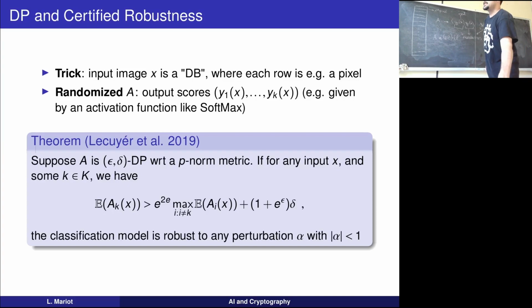If you look at the formula, for any input image X that we might present to our neural network, and for some particular class K among the possible output labels, the left-hand side of that inequality considers the expected value of the outputs that the randomized algorithm is giving, so the answers that it can give.